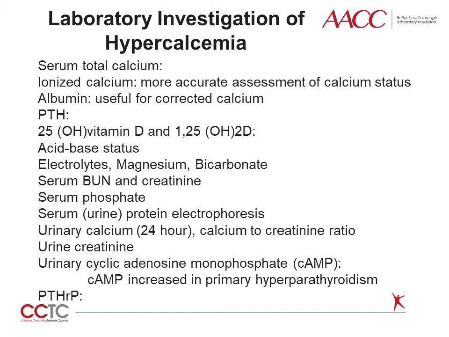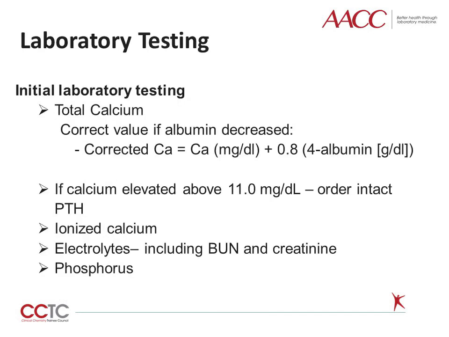Urinary cyclic adenosine monophosphate, cAMP, and PTH-RP are also ordered in suspected malignancy. More specifically, the following initial laboratory tests should be ordered. Total calcium is very reliable. You may correct calcium value if albumin is decreased using the following formula.